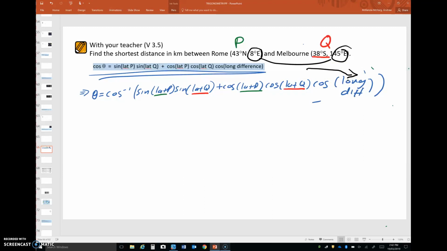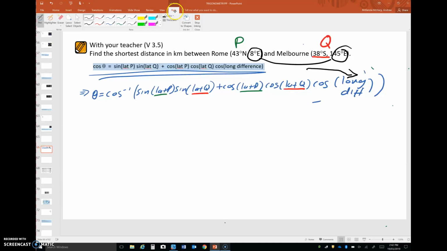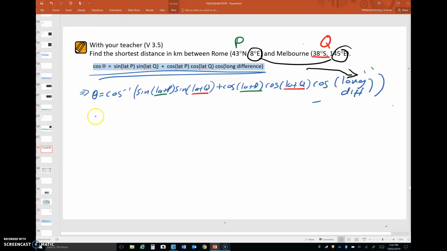Okay, so let's write down what we know about theta and do some substitutions. So theta is equal to the inverse cosine of the sine of, now I'll put these numbers in a moment. It is rather long, this formula. So look, this is just how it's got to be done. It's going to take a while to do.